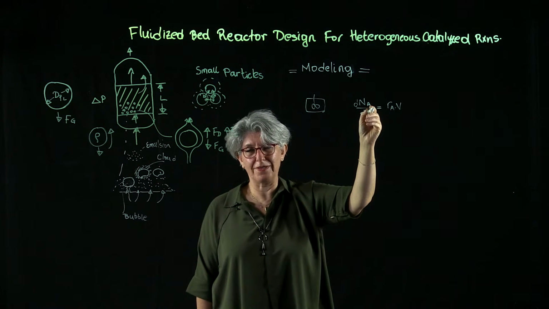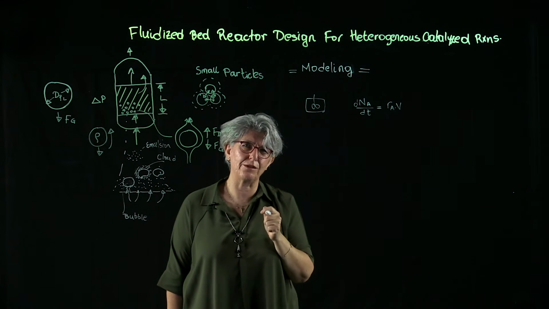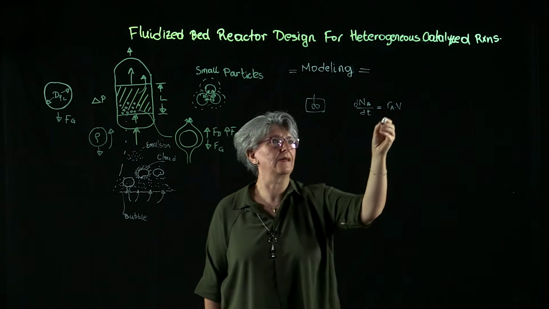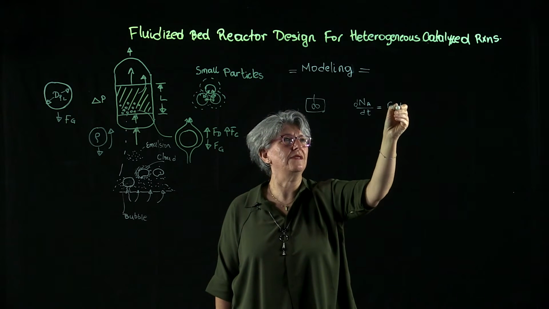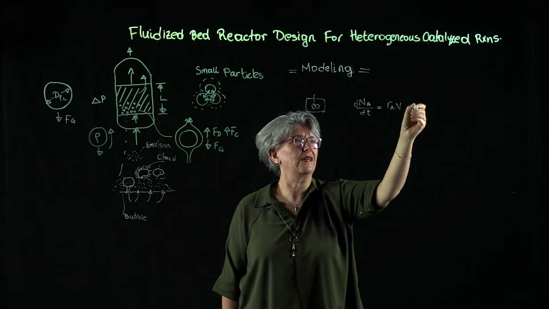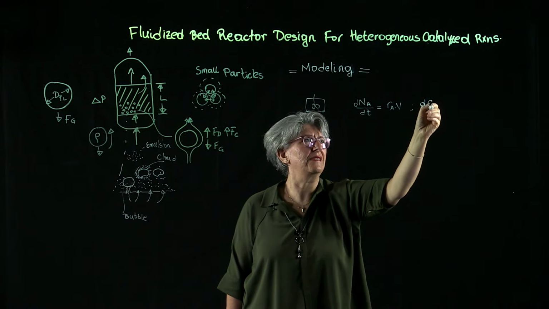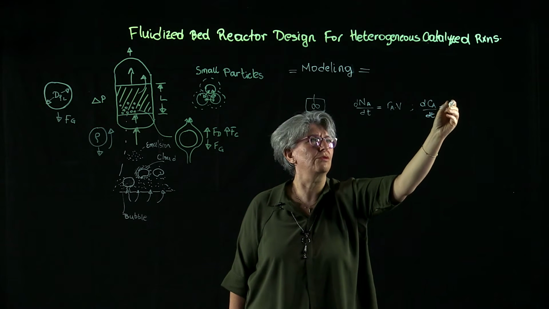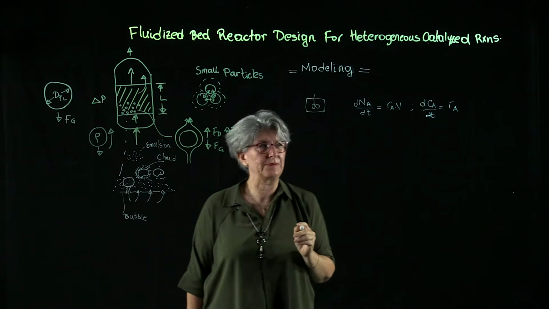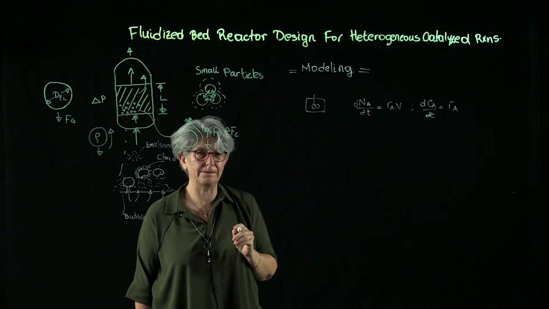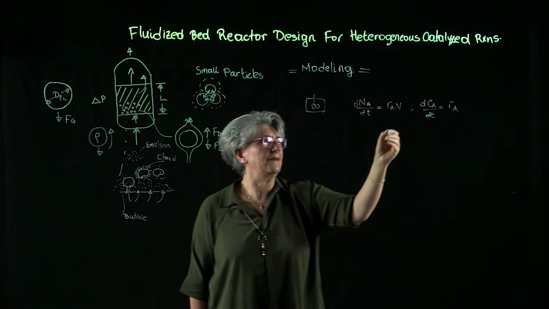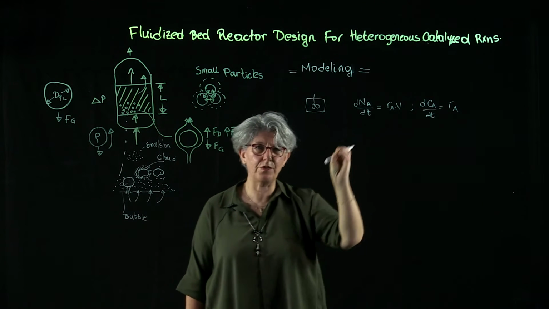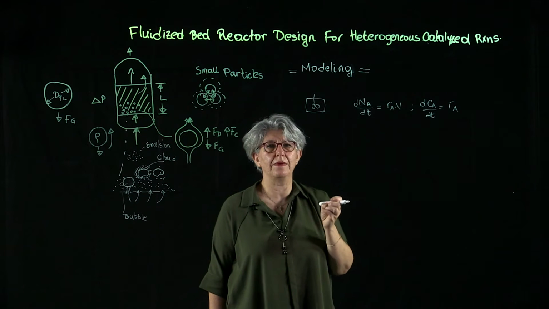Now comes our second assumption, that our volume is going to remain constant. We're going to combine these terms, and we will write dCA over dt equal to RA. Now this dt, this time, is going to refer to the lifetime of the bubble.